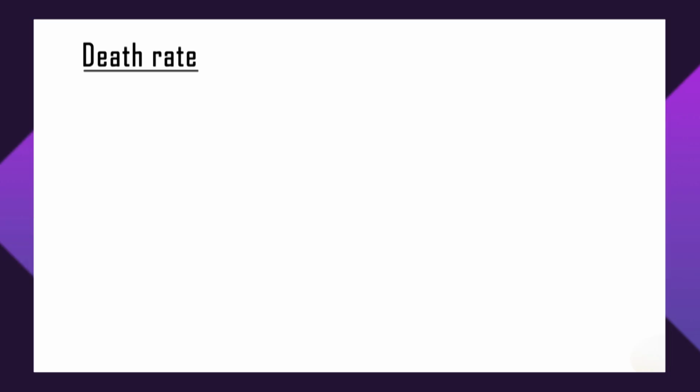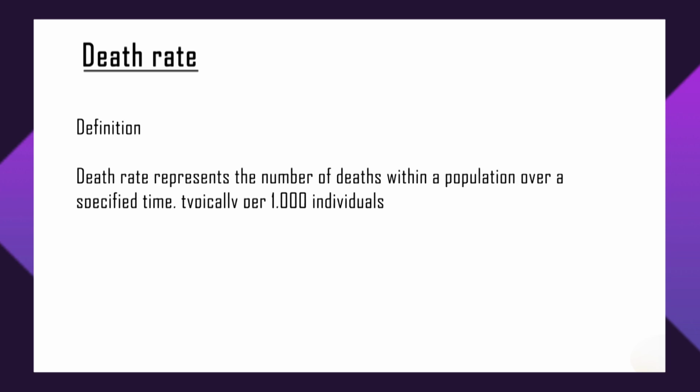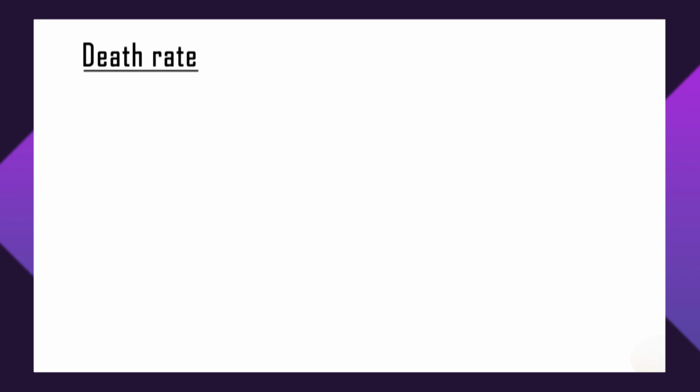The first one is the birth rate. Birth rate refers to the number of live births occurring within a population over a specific period of time. Often, it is expressed per 1000 individuals. What are the different factors that influence the birth rate? One such factor is the biological factor.